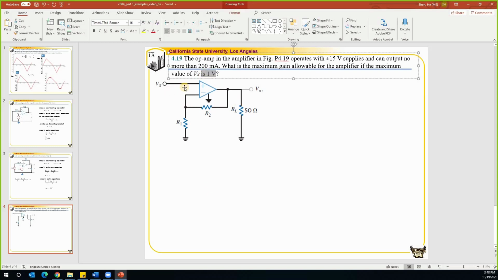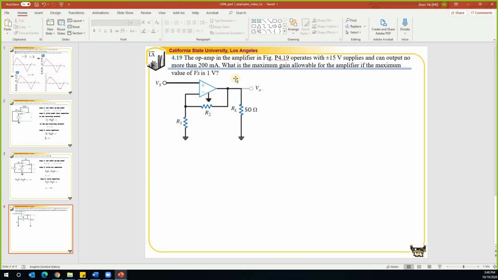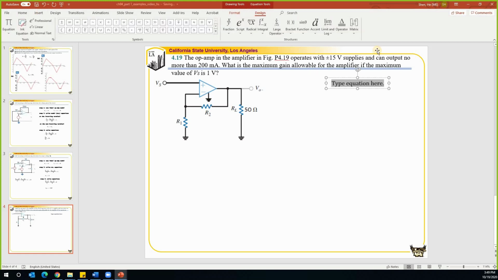If the maximum value of the input is equal to 1 volt, we don't want the gain to be more than 15. If the gain is more than 15, then this will be in the saturation region. So that is some information we can get from these two pieces of information. Another piece of information is that R1 plus R2 is equal to 10 kilo ohm. So this is another requirement.